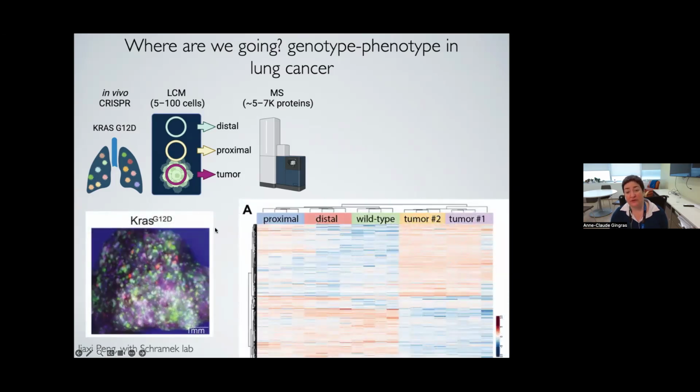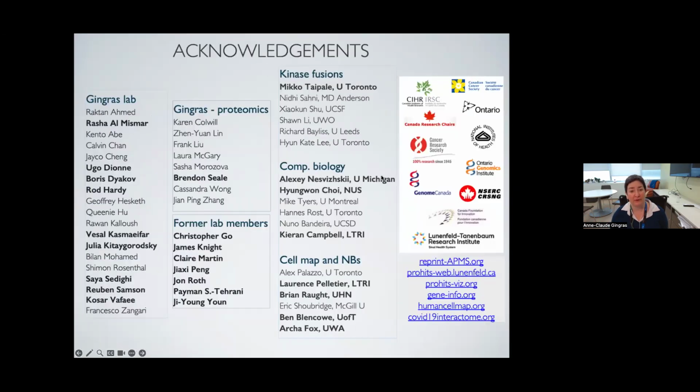And so this is actually extremely powerful. We already have amazing data that really indicates that we can uncouple the genotype to phenotype processes in the context of lung cancer, and we'll be looking for new people for this.